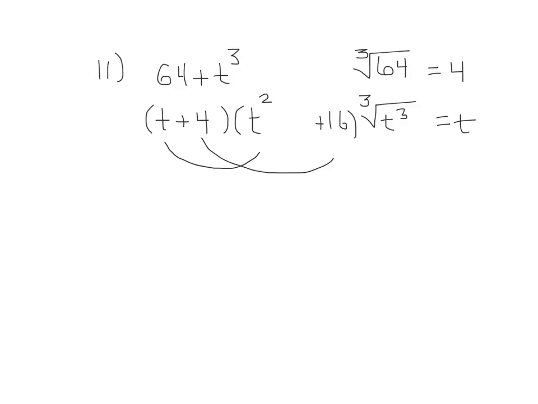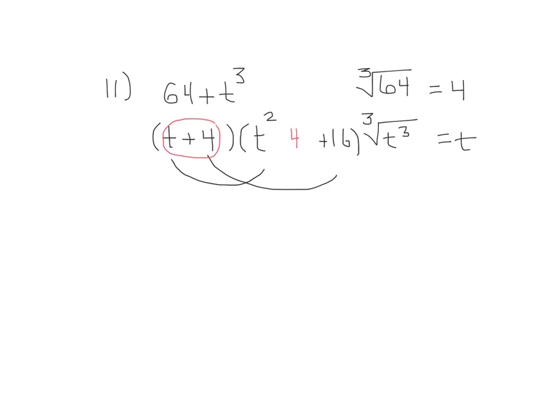We take the two terms of our binomial and we multiply them together and then give it the opposite sign. And that is our factored polynomial.